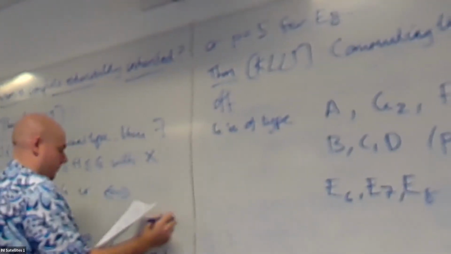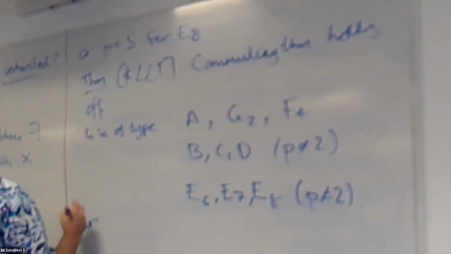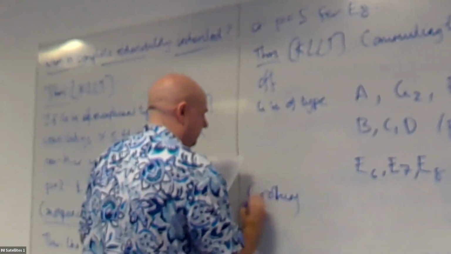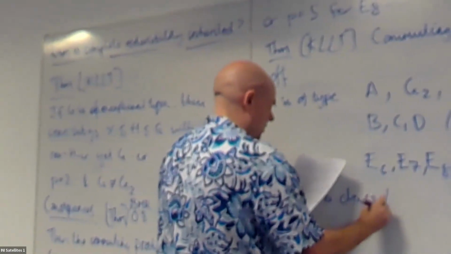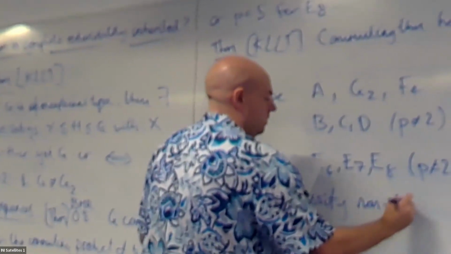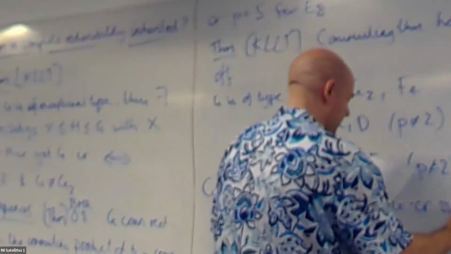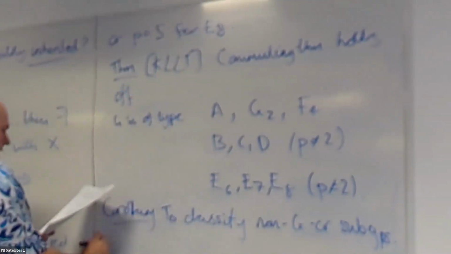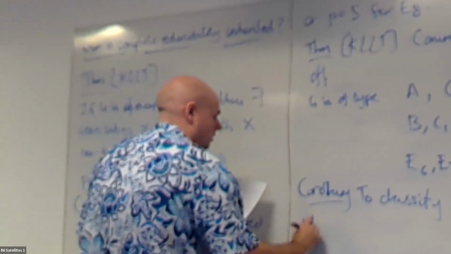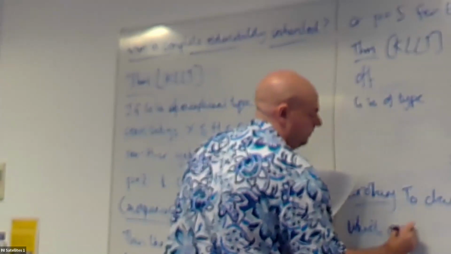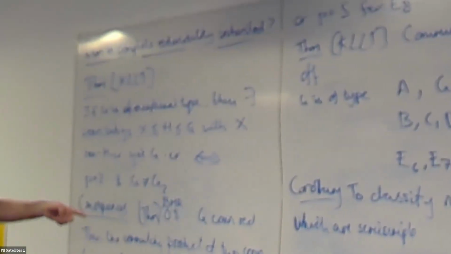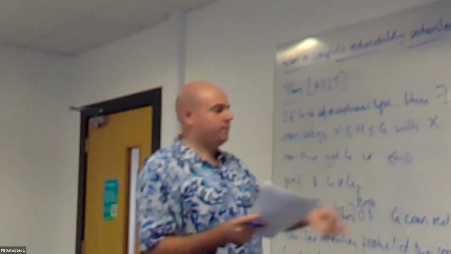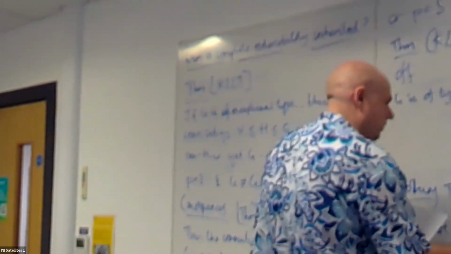A corollary, really a consequence, is that if you're interested in classifying non-GCR subgroups, yeah, it's one of my pastimes, which are semi-simple, then thanks to this, you get to reduce to simple ones and then just finding their connected centralizers. That is a big help, I can tell you.